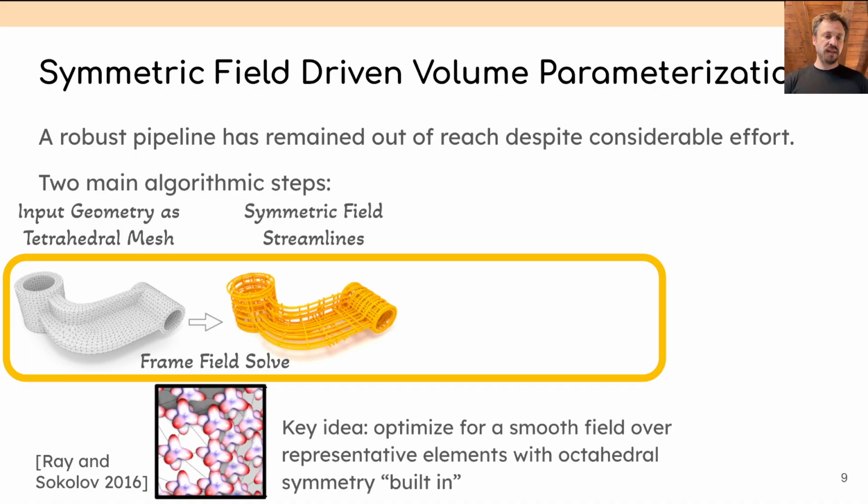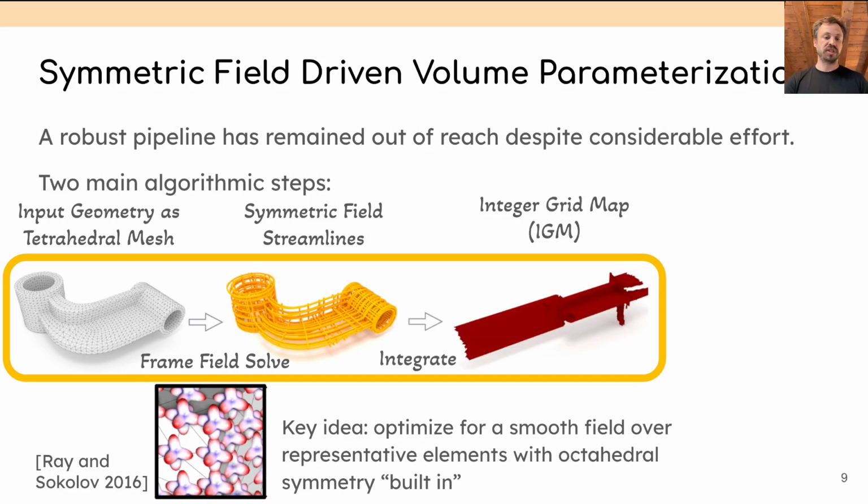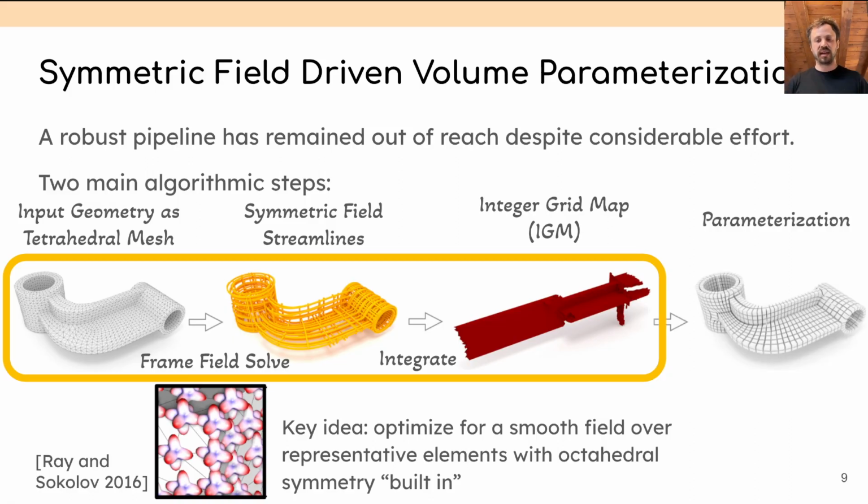Then given the smooth frame field, we can trace streamlines of the frame field, and that's what's visualized here. Then given the frame field, we can use it to guide an integration step, which explicitly computes this map from the geometric domain to the parametric domain. And then again, given the map, we can go back and obtain a discretization of the original domain.